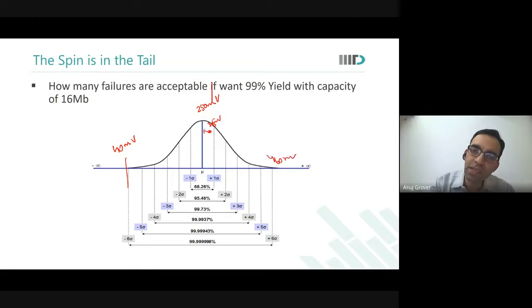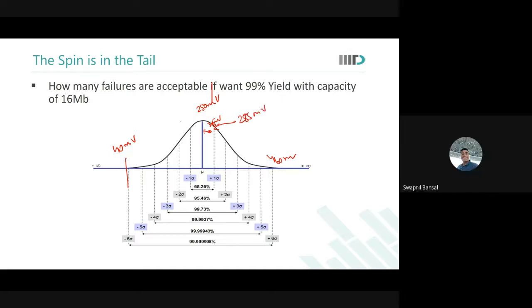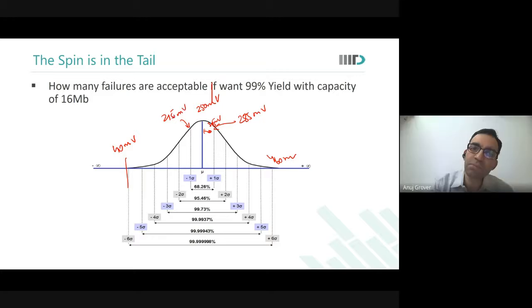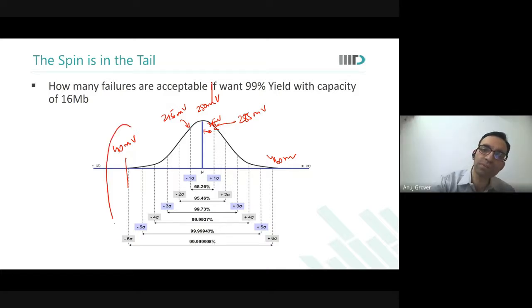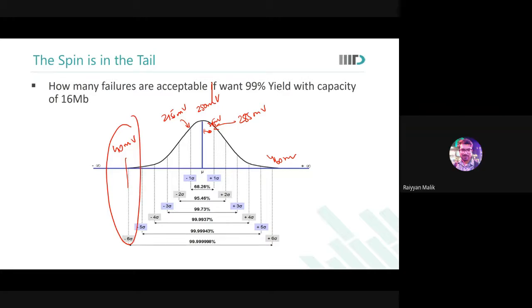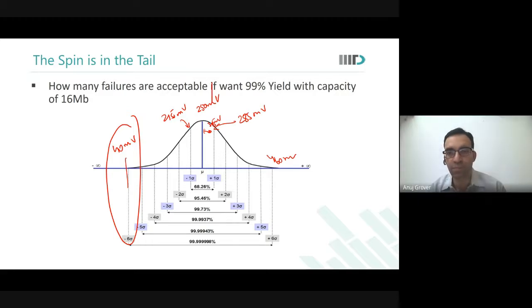What is the SNM value at +1 sigma? 285. -1 sigma? 215. So which SNM is the worst, Rayan? -6 sigma. So which one will fail first? Okay, -6 sigma. Is it clear now? Yes, sir. Okay. आगे बढ़ें.